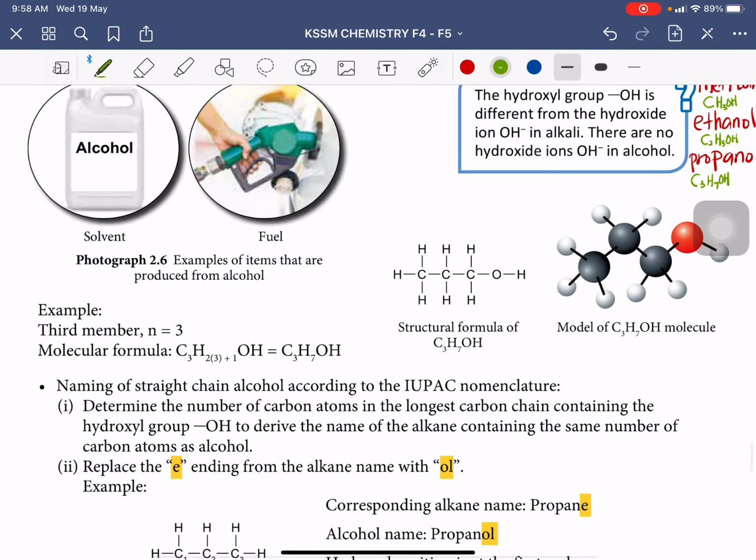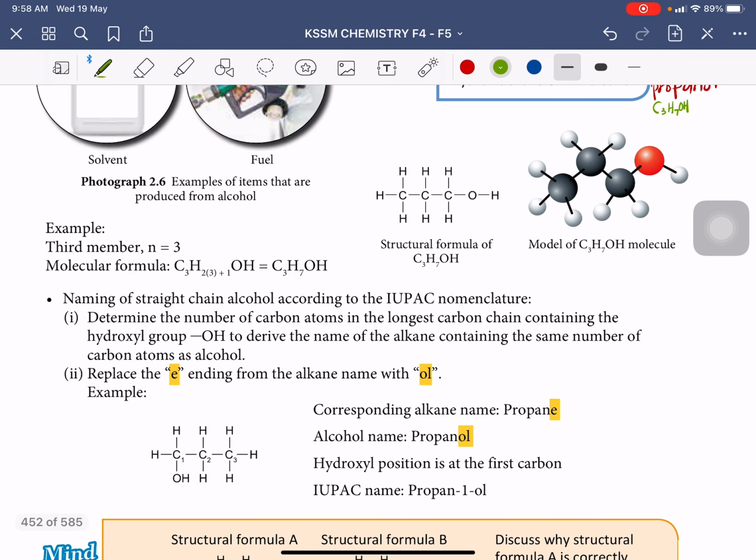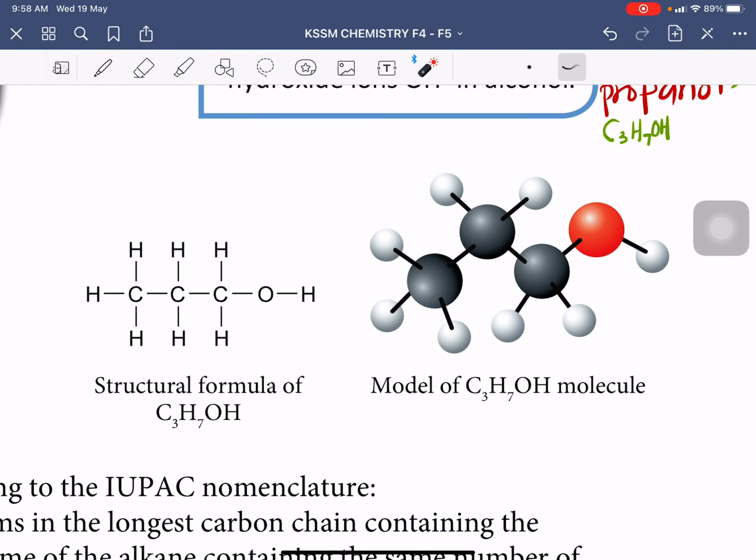Let us look at the example here. The third member, n is 3. So the molecular formula, as I have taught you just now, is C3H7OH. How to draw the structural formula? You start from C. So you draw C, C, C. Single, single.